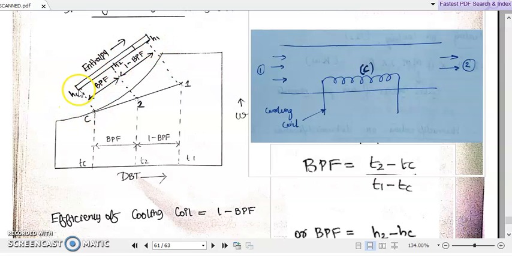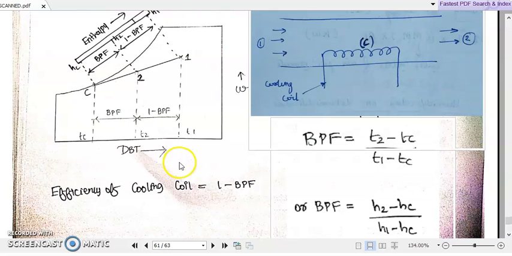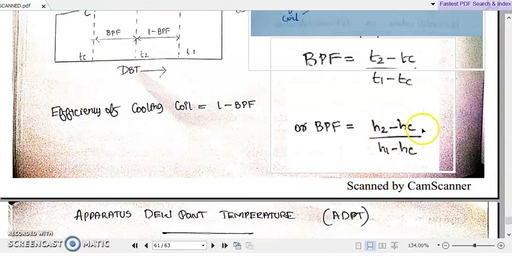So H2 minus HC represents the bypass air, and H1 minus HC is the ideal enthalpy drop for which the cooling coil was set up, but that didn't happen actually. So H2 minus HC by H1 minus HC is another representation of this bypass factor.